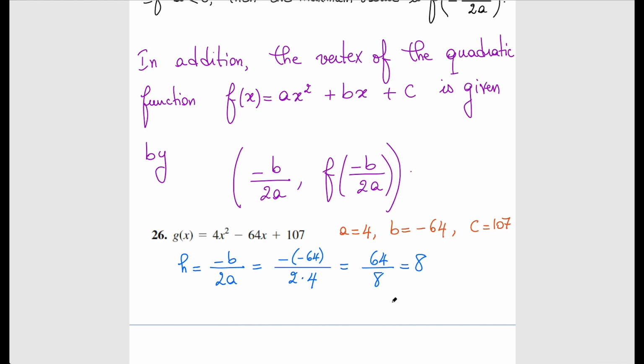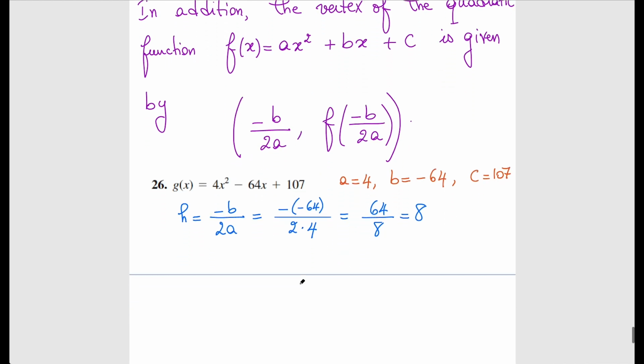Okay? All right, and then the k, the y-coordinate of the vertex, right? The y-coordinate of the vertex is the image of h under the function. The name of the function is g. The image of h is 8, under the function g. So just plug in 8 here and figure out what this k is.